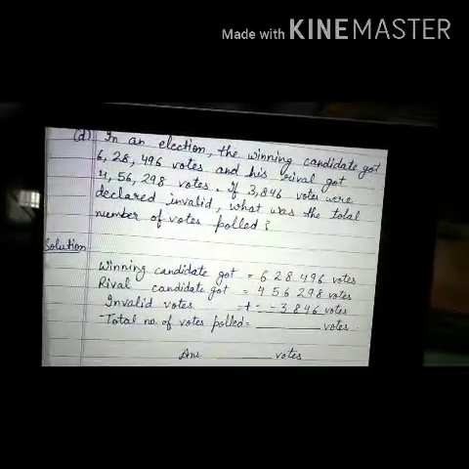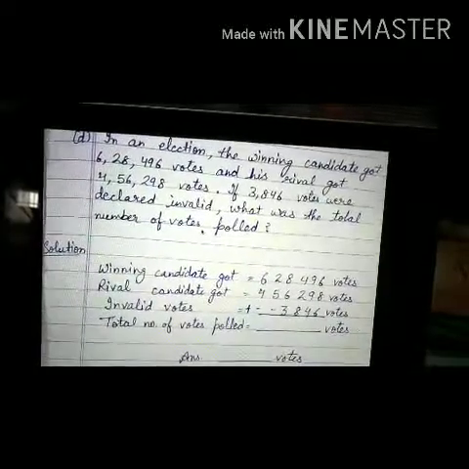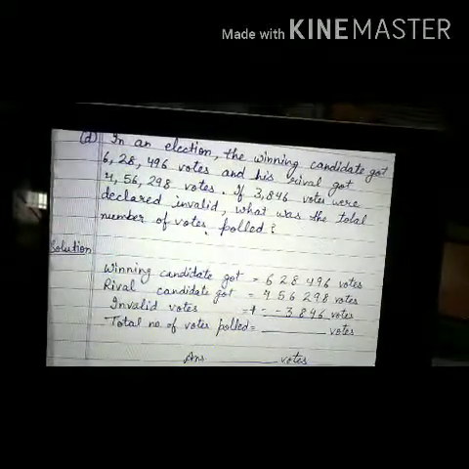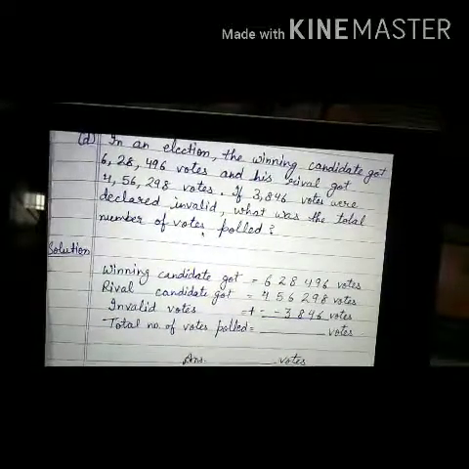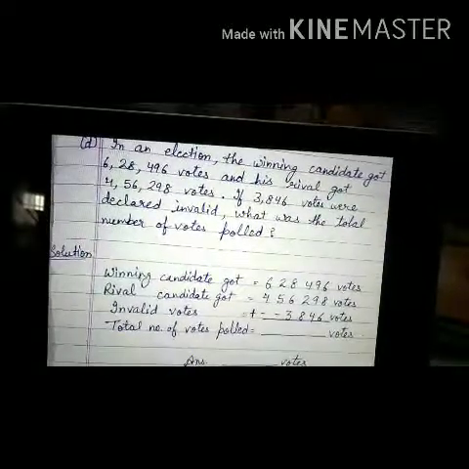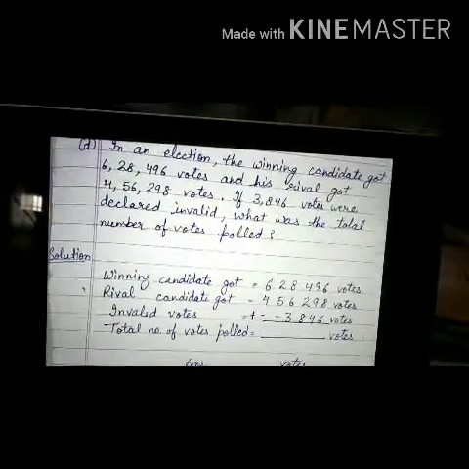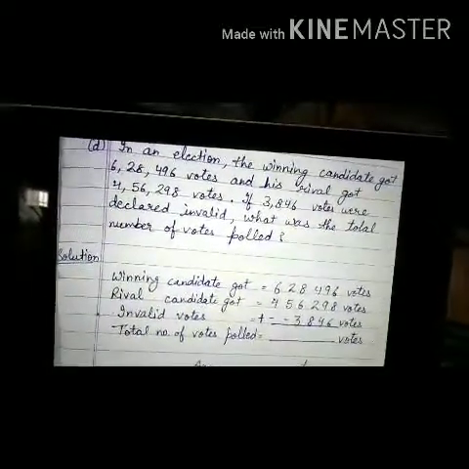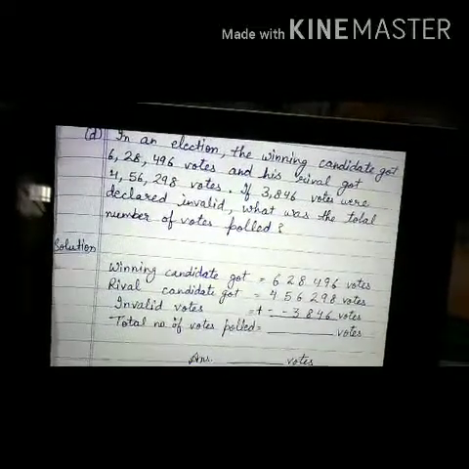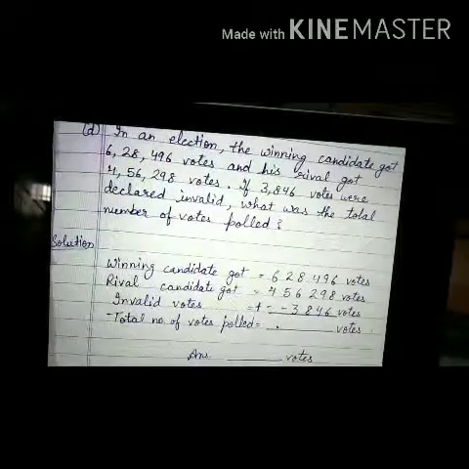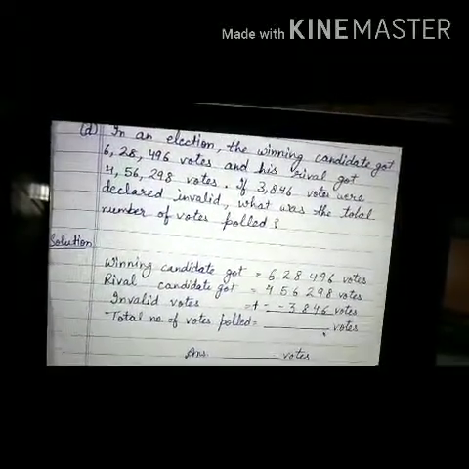We have to find the total number of votes polled. So again we have to add to find out the total number of votes polled. So we'll write the statement as winning candidate got, rival candidate got, invalid votes and then total number of votes polled, and after adding these three numbers the sum will come as the answer.